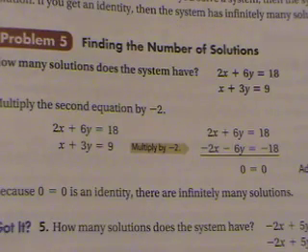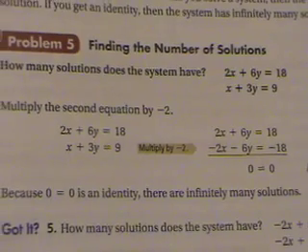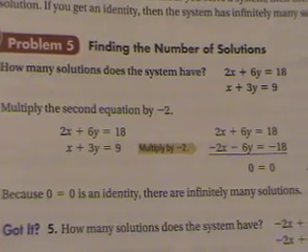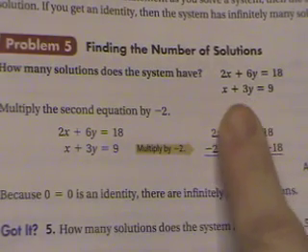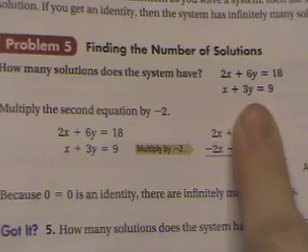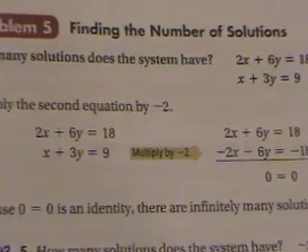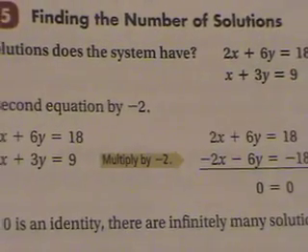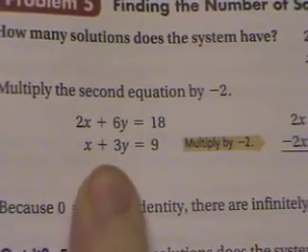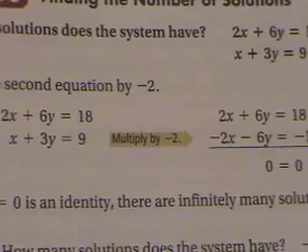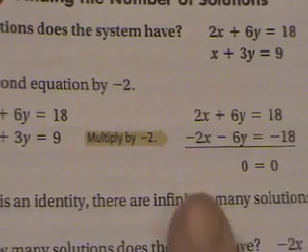You are going to have a couple of practice problems in tomorrow's classwork, so I'm going to go over this quickly one more time. Here's your system over here. 2x plus 6y equals 18, and x plus 3y equals 9. Can't do much with it like that. Multiply the second equation by 2. Oh, they just go ahead and multiply by negative 2.